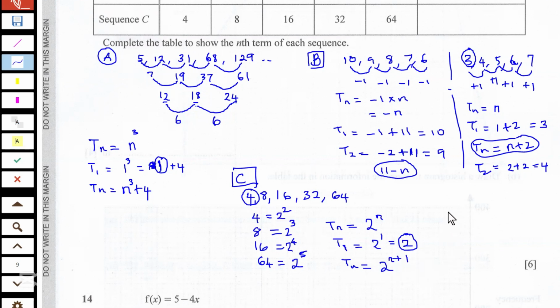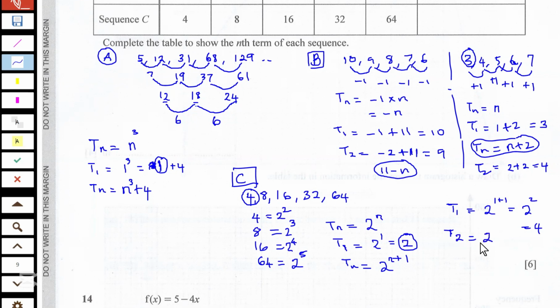We can try for the first term again and say when n equal to 1, then 2 to the power of 1 plus 1, which is 2 to the power of 2, equal to 4.